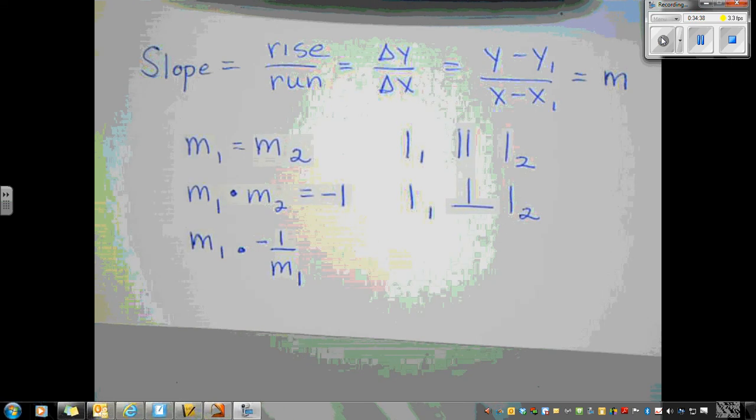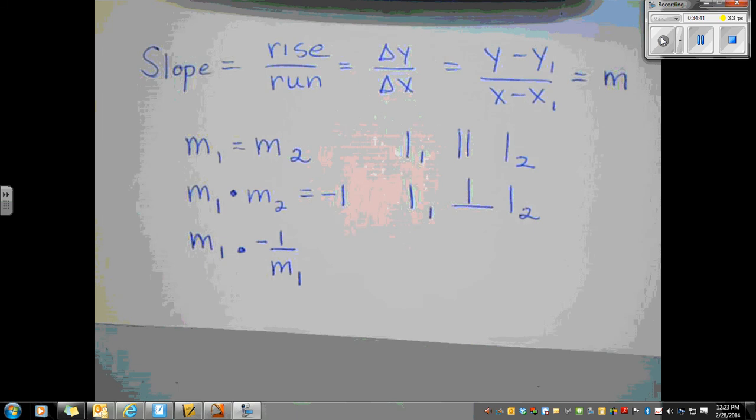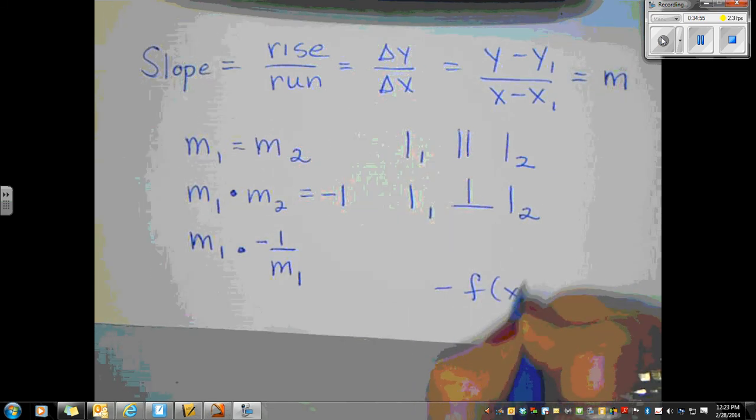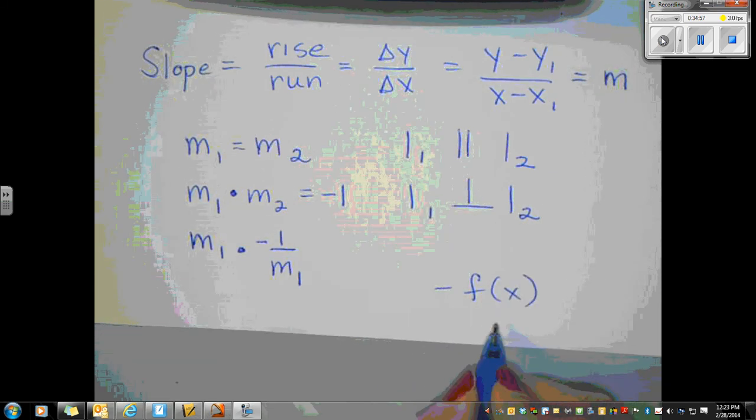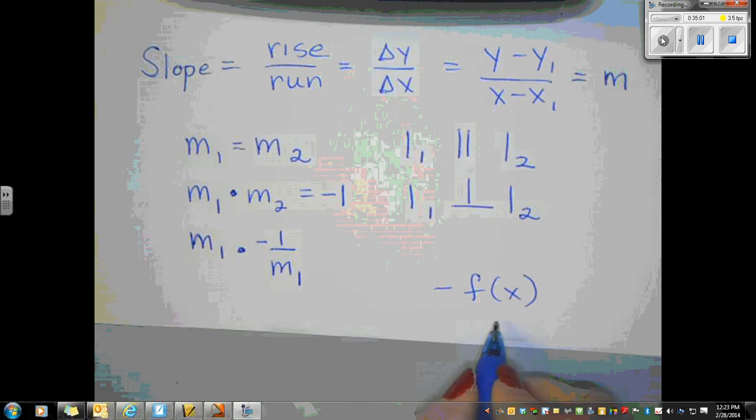Alright, so I'm hoping that you really truly know about slope and we don't actually have to do any of those. Alright, now, what does this mean? What does that mean?